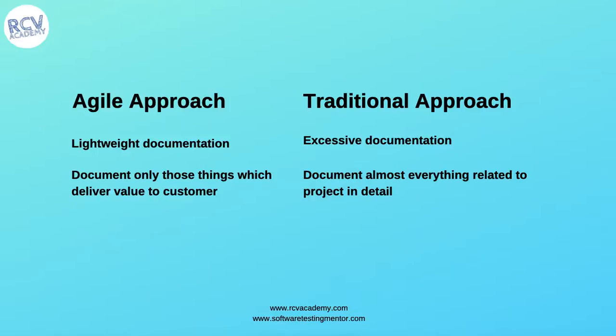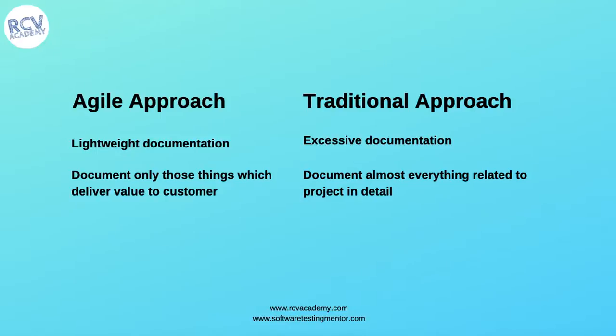The second thing is that in the Agile approach, you document only things that deliver value to the customer. So if there is something which is not delivering any value at the end of the day, then you do not document unnecessary things in the Agile approach.